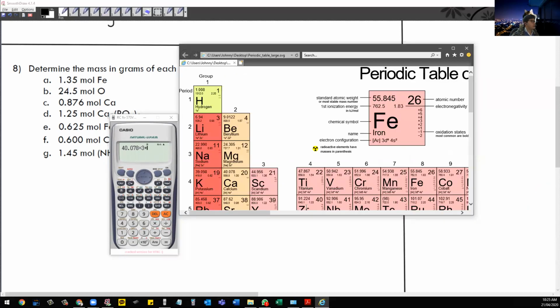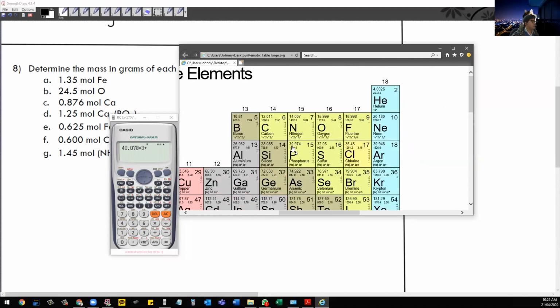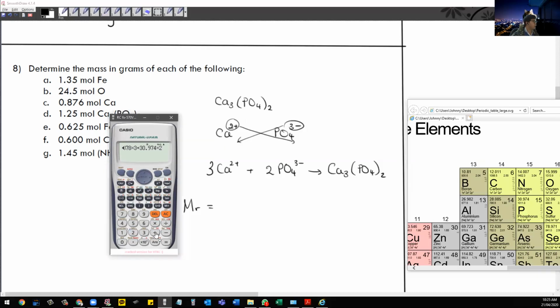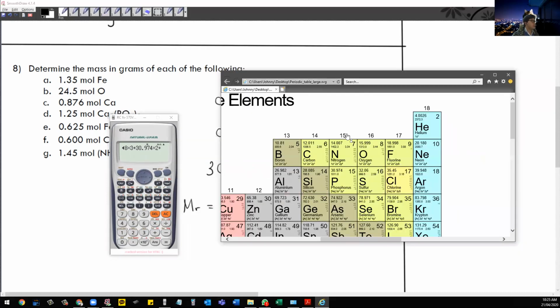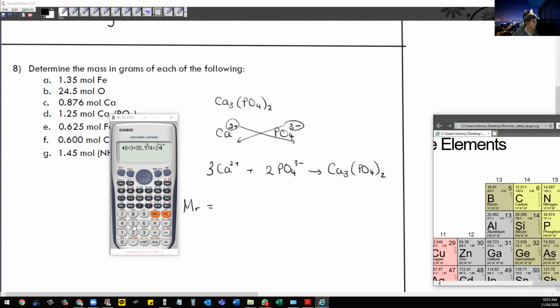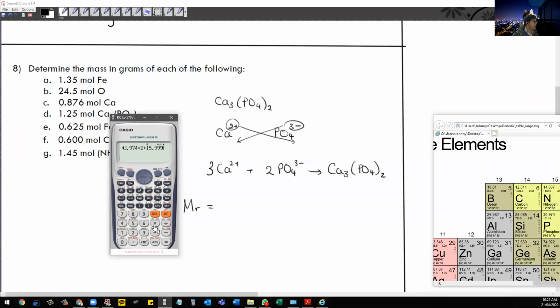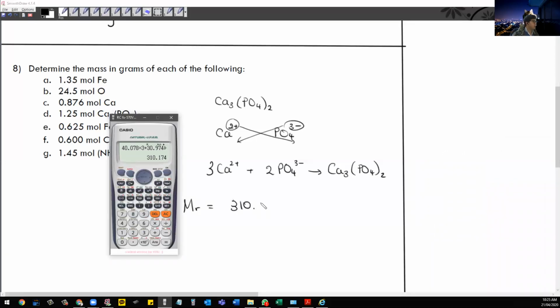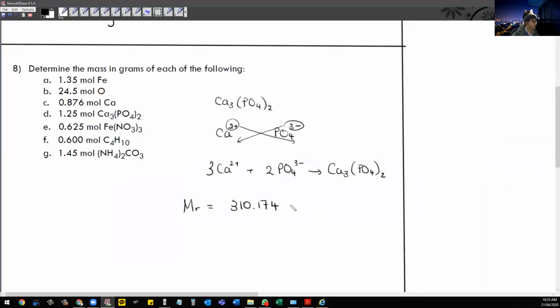So P is 30.974 times 2, plus oxygen is 15.999 times 8. And that gives us 310.174 grams per mole. So that's the molar mass.